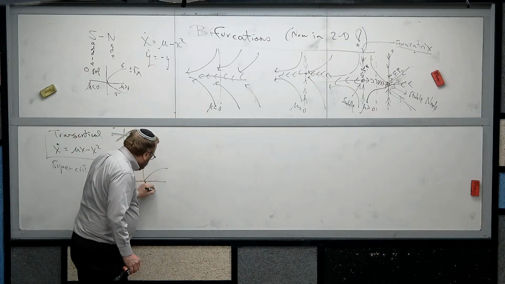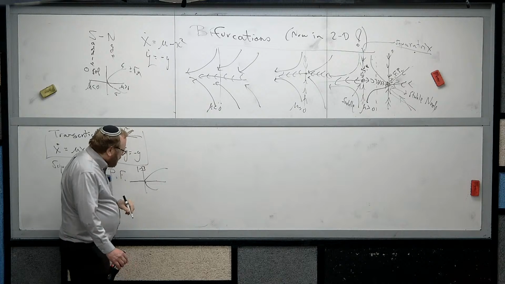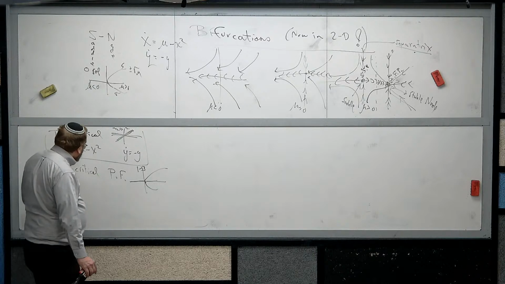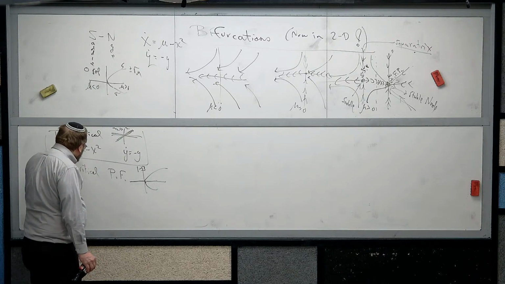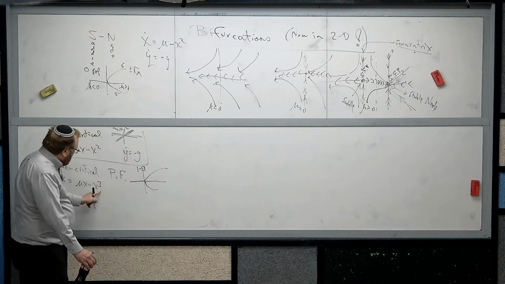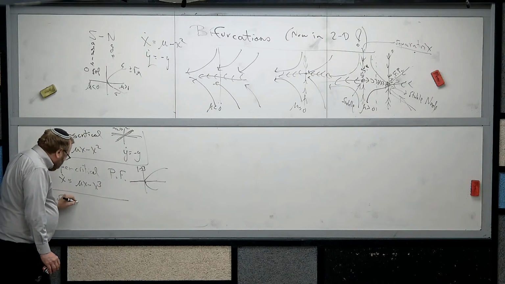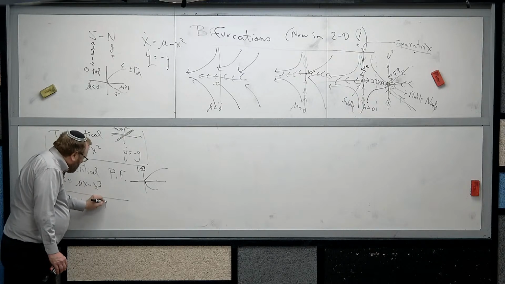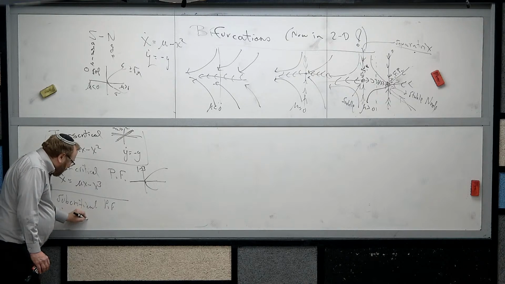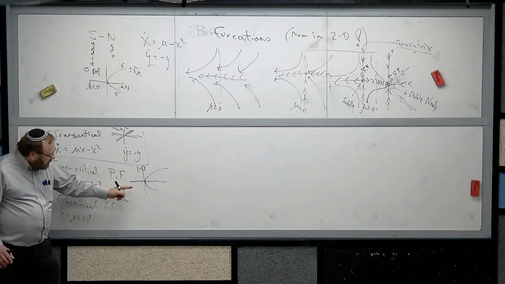This is 1 to 3. This is 2 to 2. This was 1 to 3. And this had x dot equals mu x minus x cubed instead of x squared, because now it has the symmetry of x goes to minus x. And then we had the subcritical pitchfork, and that was x dot equals mu x plus x cubed, so there's no stable solution.